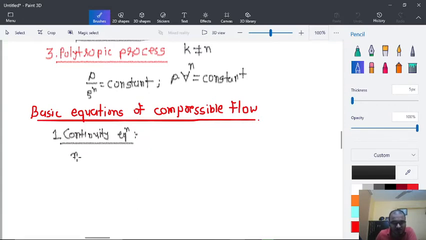So mass per second is equal to rho A V. So this will be constant. So rho A V equals constant.